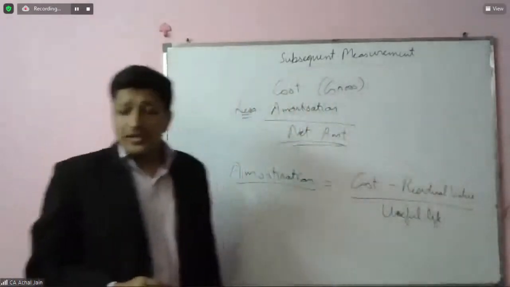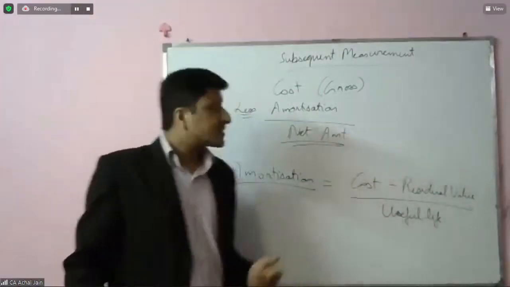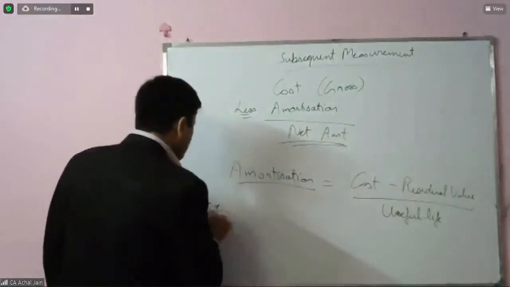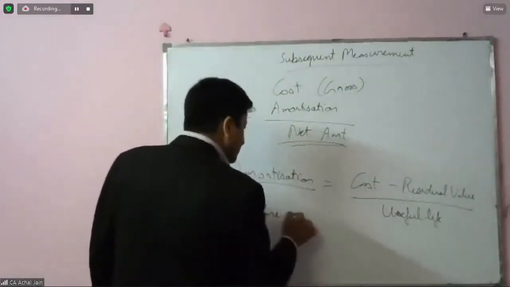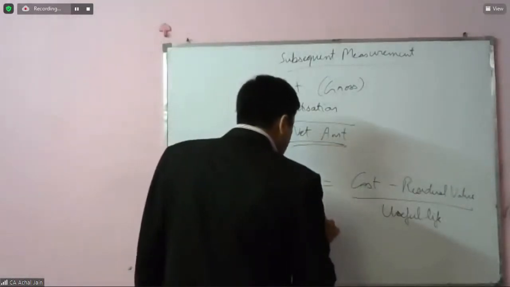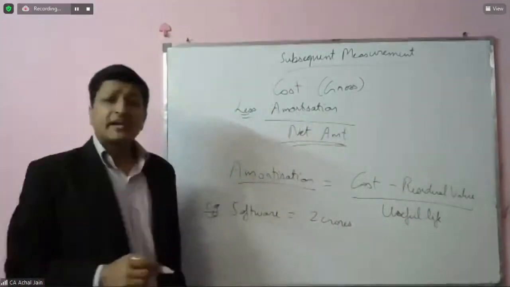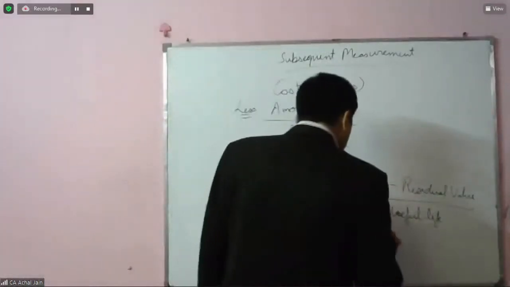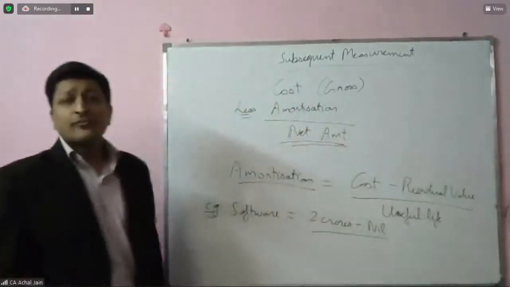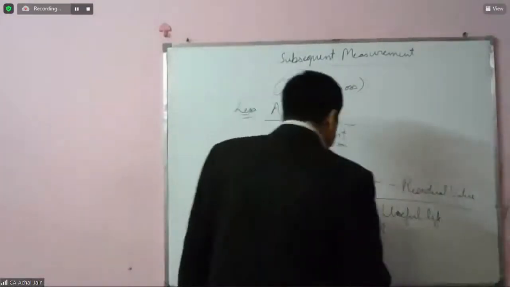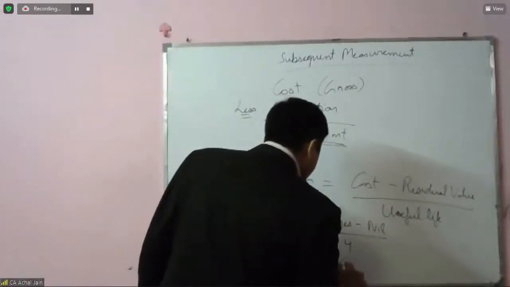How do you compute amortization? Cost less residual value divided by useful life. Say for example, there is a software of rupees, say 2 crores, having a residual value of nil and an expected life of 4 years. So what will be the amortization? Rupees 50 lakhs.